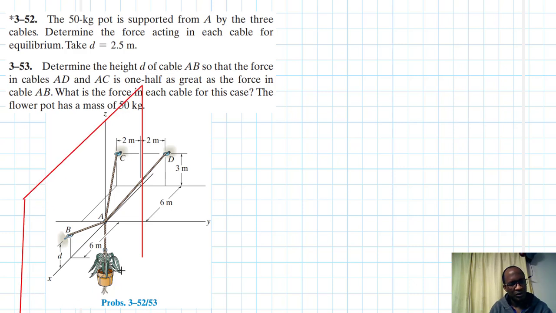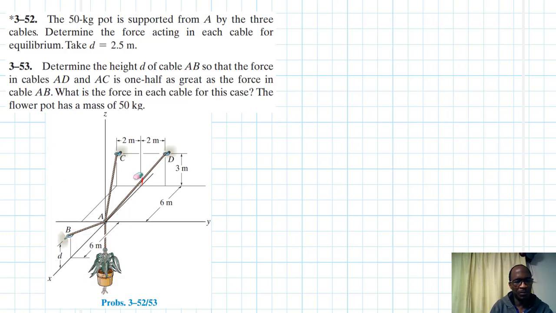It's symmetrical about this particular plane, which is the ZX plane. Once there is symmetry, the problem becomes much easier, because we will know that AC is always going to be equal to AD. Great. Let's write down these particular notes.